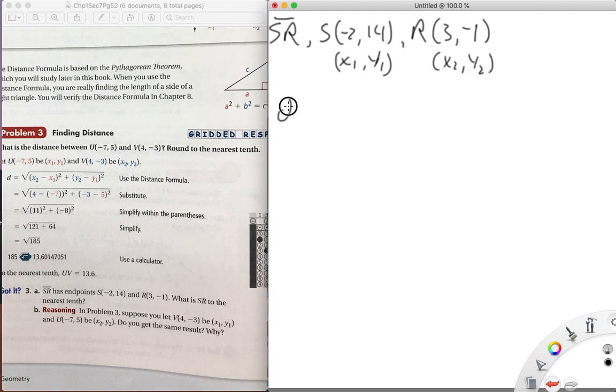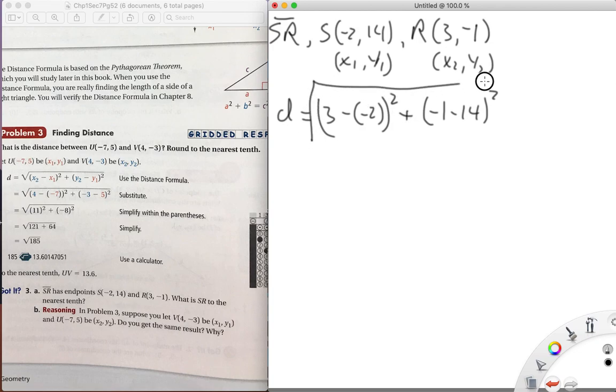So using the distance formula, we get 3 minus -2 squared plus -1 minus 14 squared, square root. So this is the same thing as saying 3 plus 2, so this is 5 squared plus -15 squared.